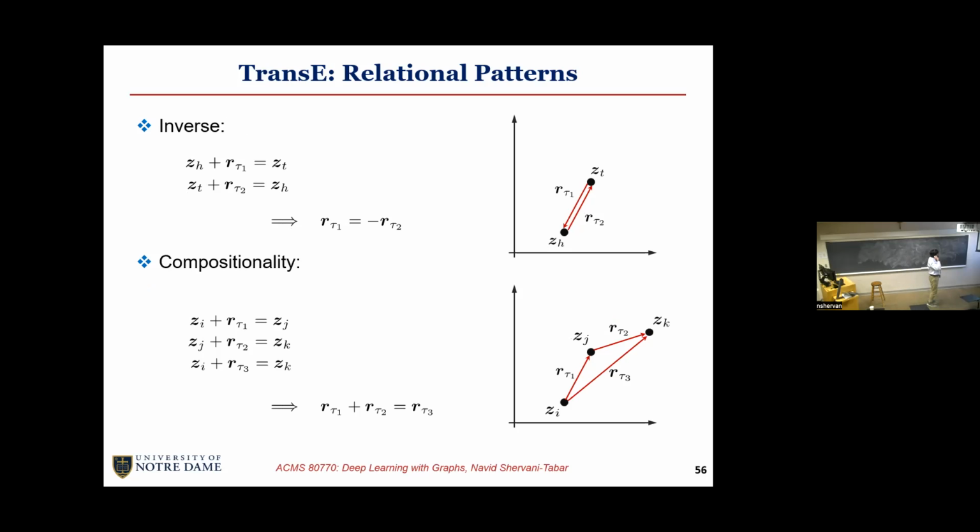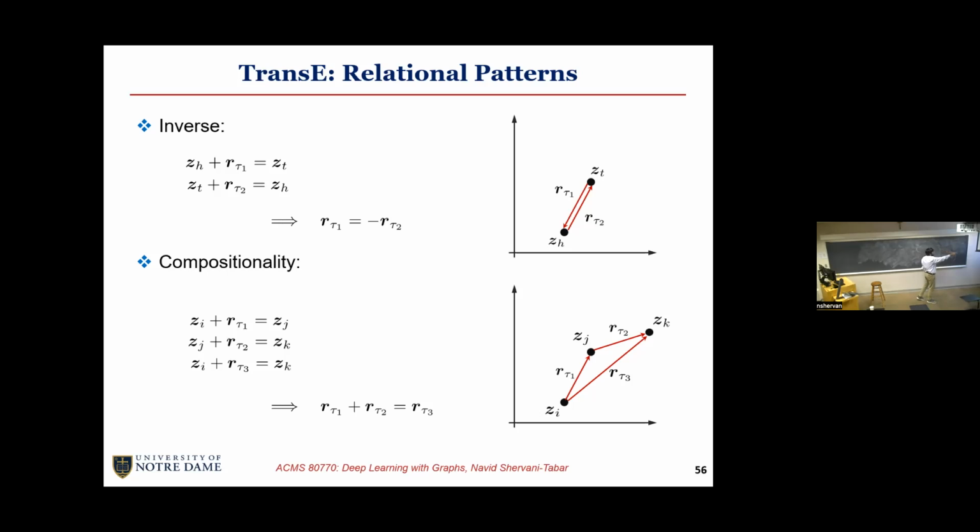Now we look at inverse. Let's see if we can represent inverse. It means that if ZH is connected to ZT using some relation type tau 1, then ZT should be connected to ZH with relation tau 2. So I can write that as R tau 1 translates ZH to ZT, and then R tau 2 translates ZT to ZH.